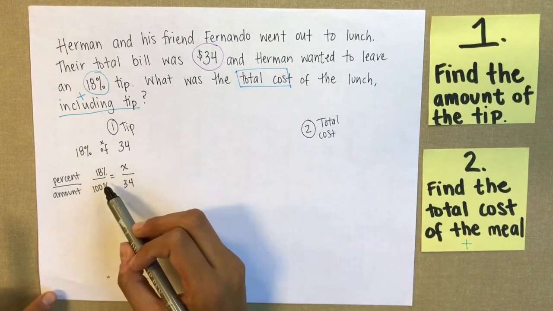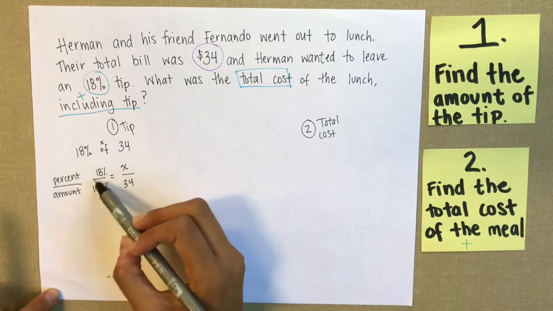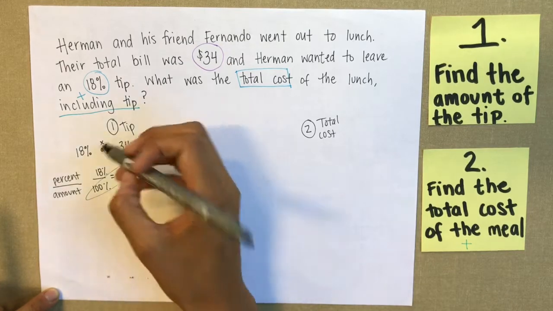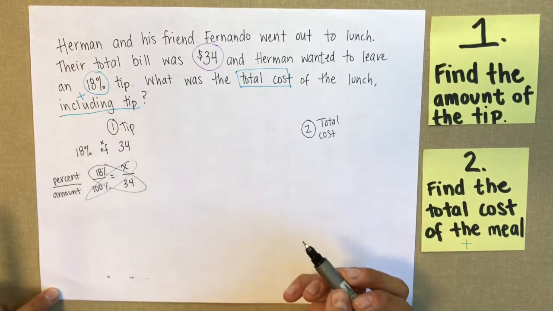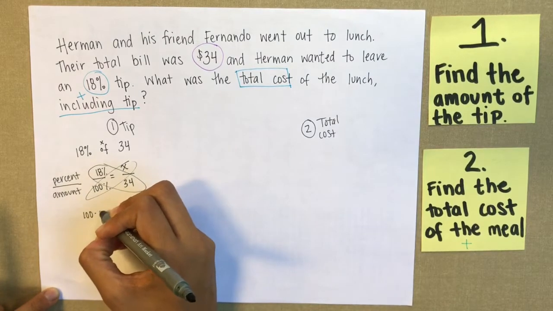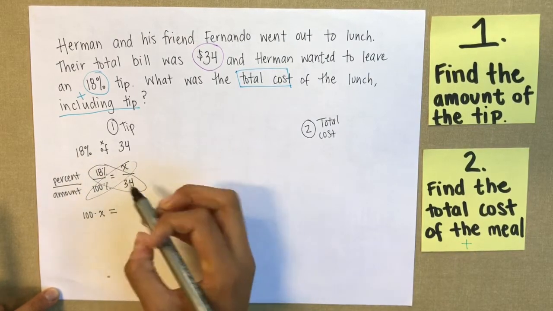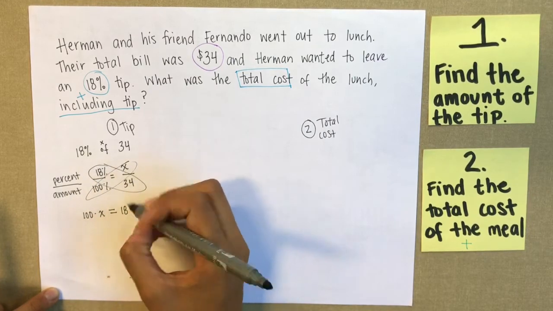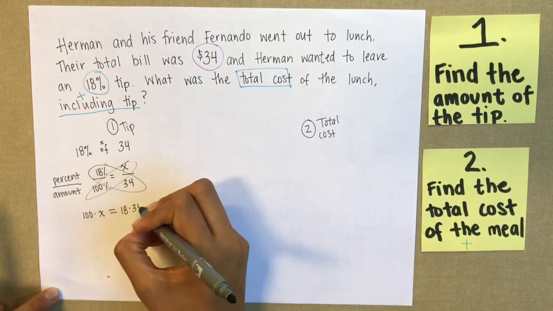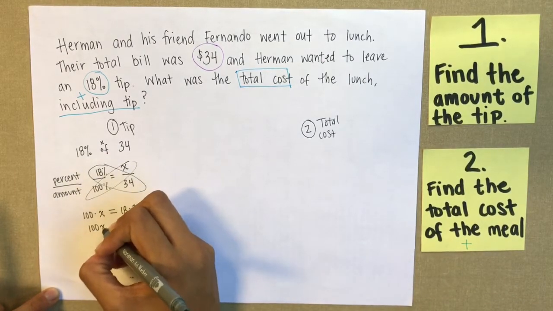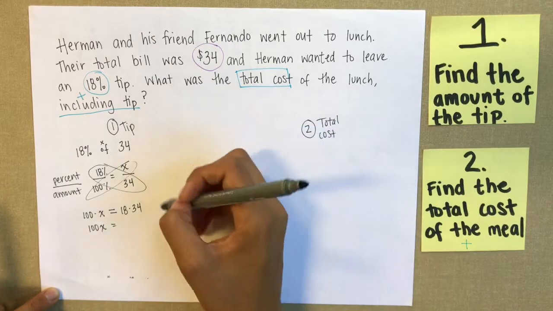So now I just need to figure out what is 18%. So I'm going to cross multiply to solve this problem. So now I have 100 times X is equal to 18 times 34. While 100 times X is just 100X.